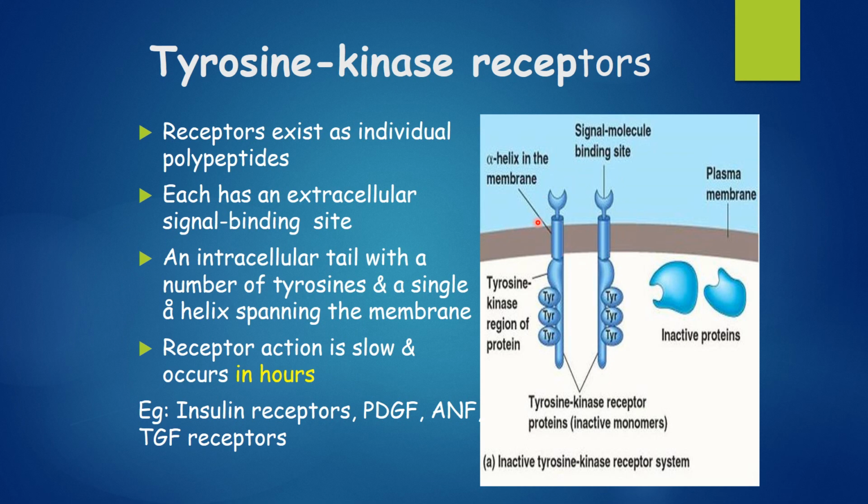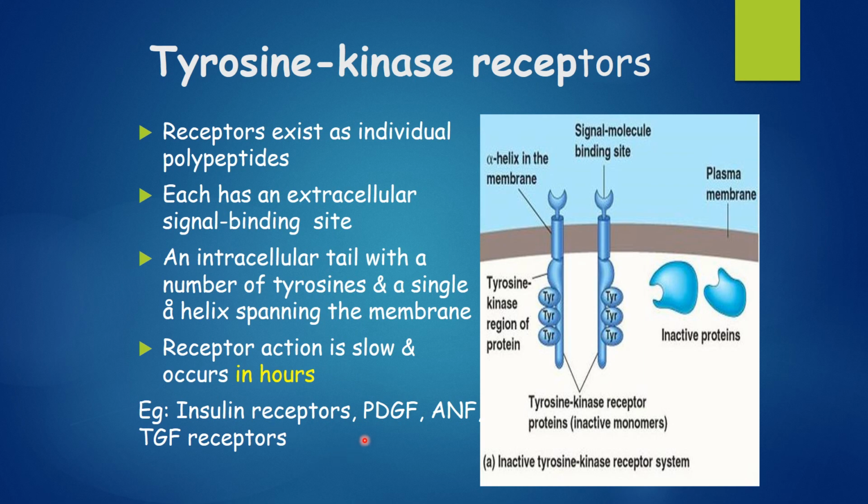So even though it is transmembrane, the outer part has the capacity to attach the signal, and the inner part gives the response, mainly by tyrosine kinase or some type of proteins inside the cells. The action mechanism is very slow, even taking hours.